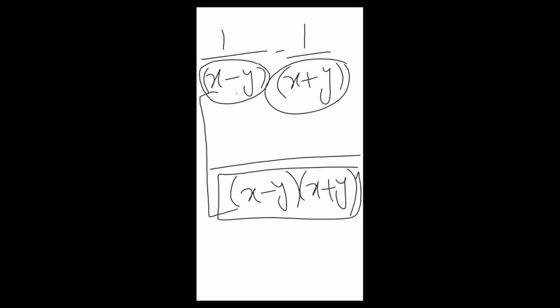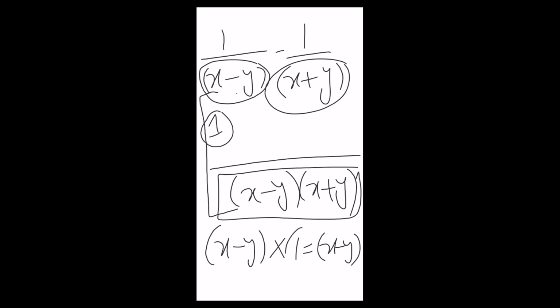You know that if 2 gets multiplied by 1, you get 2. Similarly, if you multiply x minus y with 1, you will get x minus y. So when we multiply x minus y with x minus y, the answer will be 1. Did you get it?